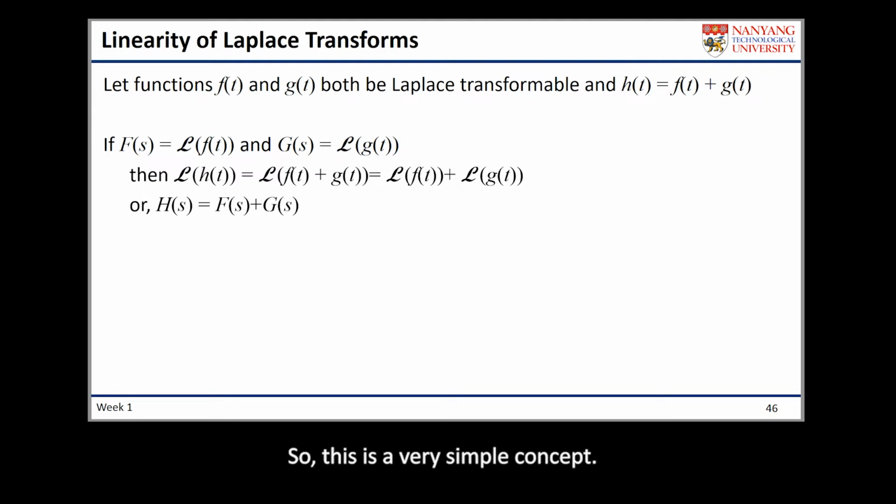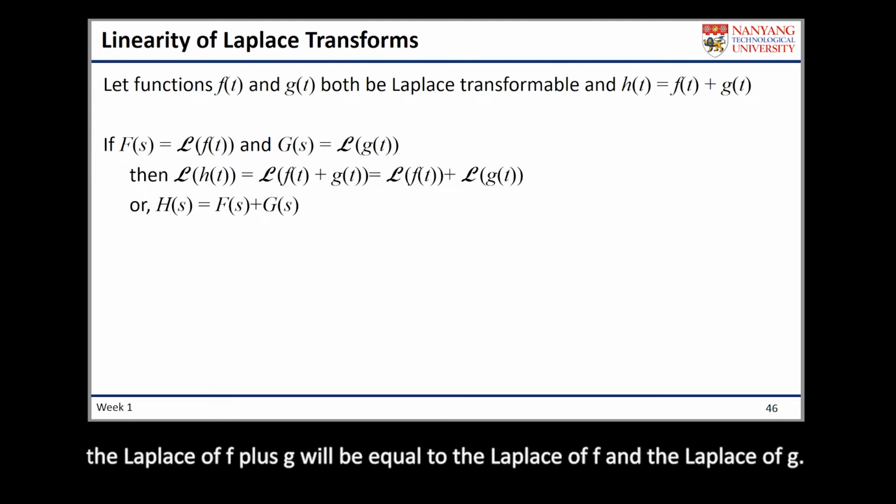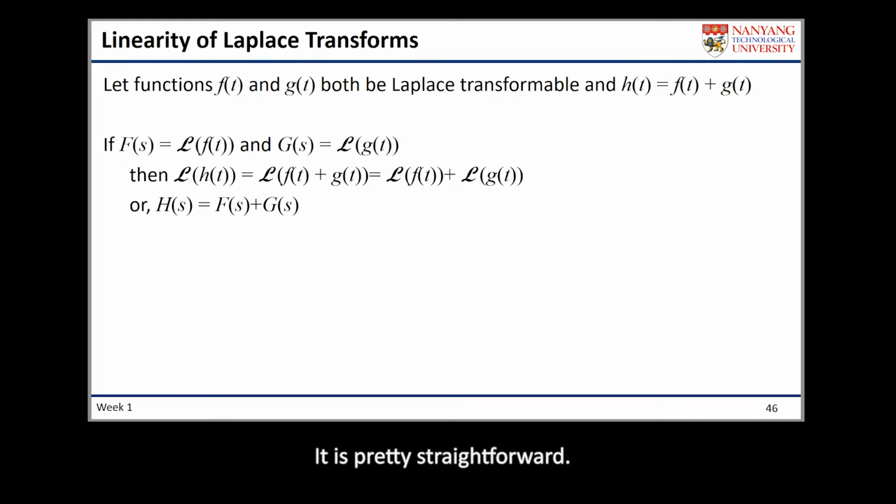This is a very simple concept. If you have two functions f and g, the Laplace of f plus g will be equal to the Laplace of f plus the Laplace of g. Okay, it's pretty straightforward. That's the first property that I want to mention.